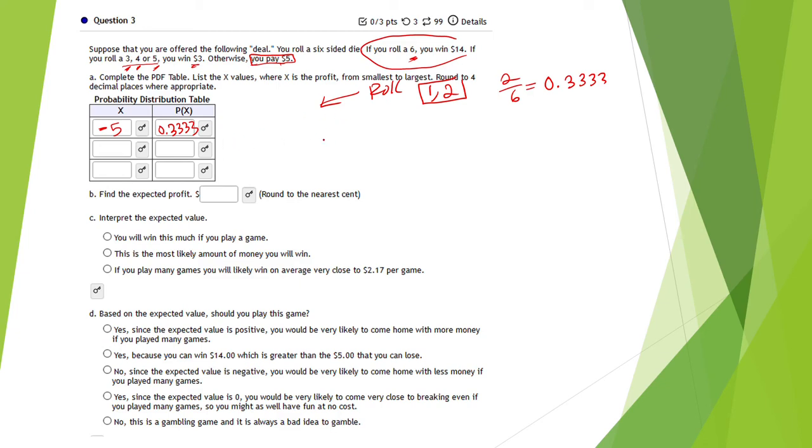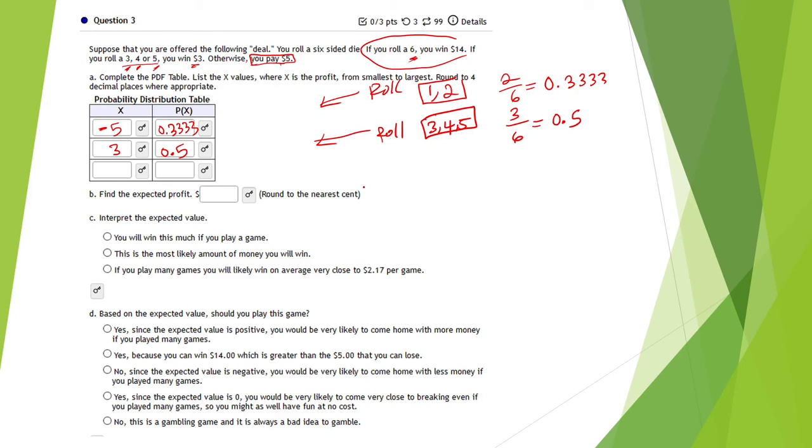Now for the next option here, how do we win $3? Well, I'm going to win $3 if I roll a 3, 4, or 5. Well, that's 3 possibilities out of 6, or just 0.5. So I have about a 50% chance of getting $3.